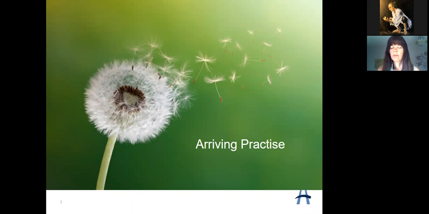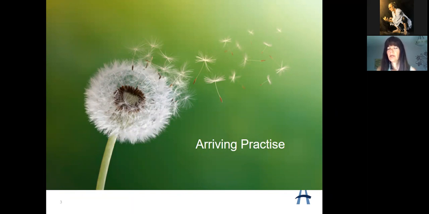And now, before we bring the practice to a close, simply allowing yourself to drink it in, to notice if there has been any shift, and if there hasn't, that's okay too. But simply notice that in pausing, in stopping for even a moment, we have a greater sense of what's here for us.